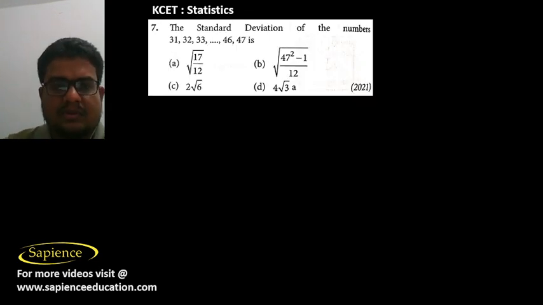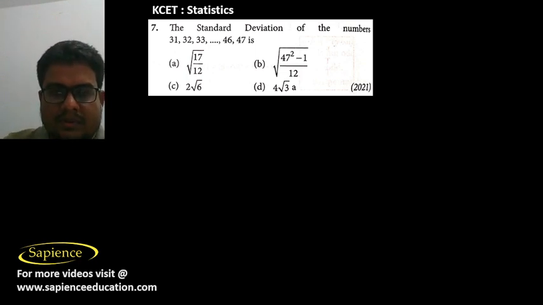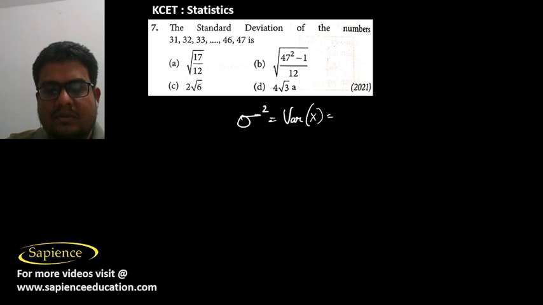Then in question number 7, we have to find the standard deviation of these numbers. The standard deviation sigma, we have to find first sigma square, that is the variance. So that is equal to summation xi square by n minus x bar whole square.